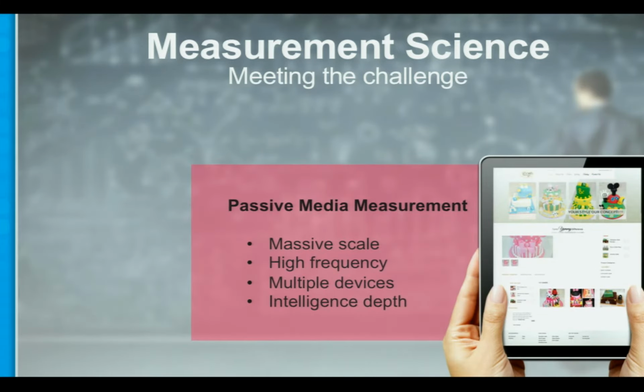We have a panel called Simmons Connect, which I just told you about, but also we own an entity called Hitwise, which also does this at scale with about 10 million panelists per month in the United States. So massive scale, high frequency. We know everything that they're doing on their cell phones and on their desktops. So you get multiple devices and a lot of depth. Because the panel size is so large, you can actually see a lot of competitive intelligence and comparisons.